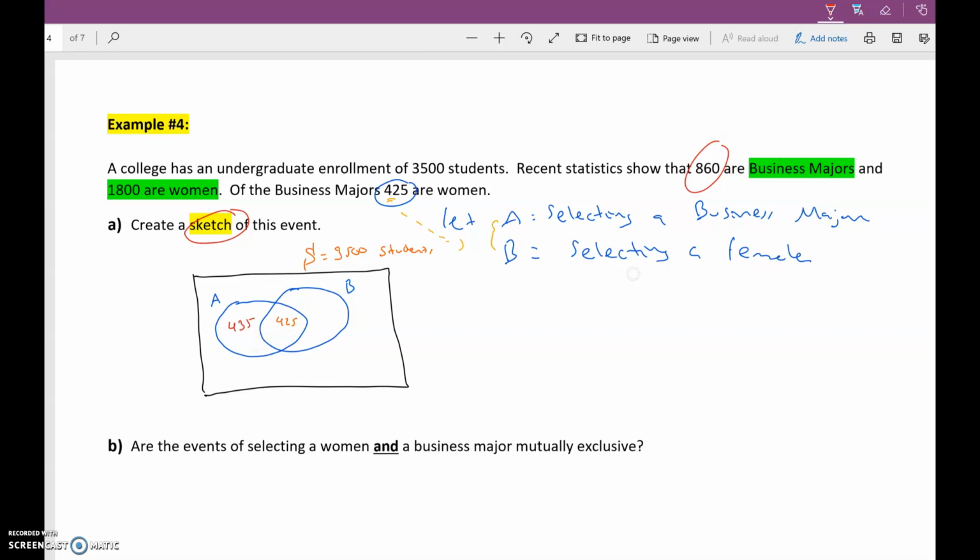Now event B is selecting a female. There's 1800 females. So 1800 minus the intersection 425 gives us 1375. So let me double check. I'm getting 1800 between these two circles, which represents the 1800 there.